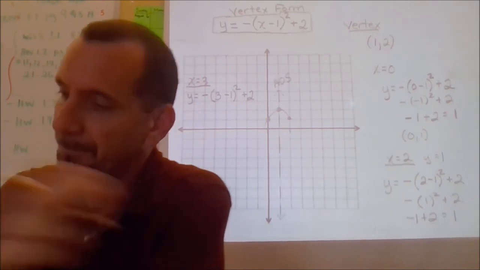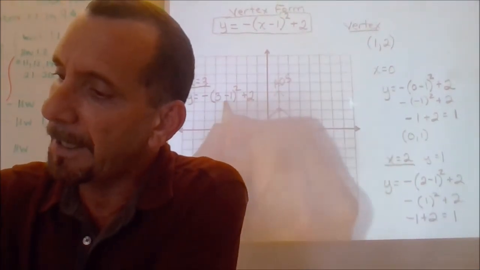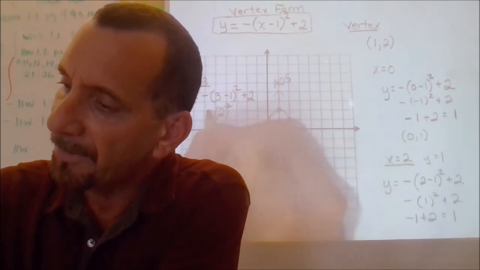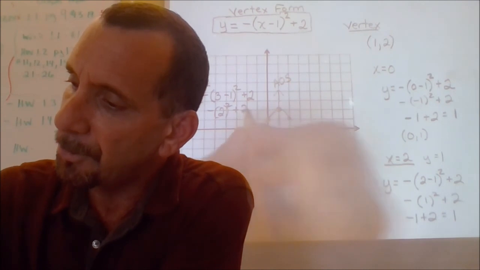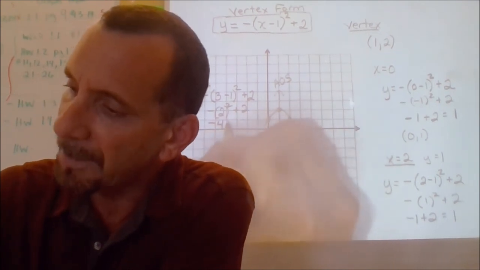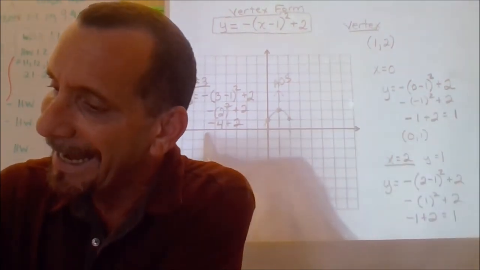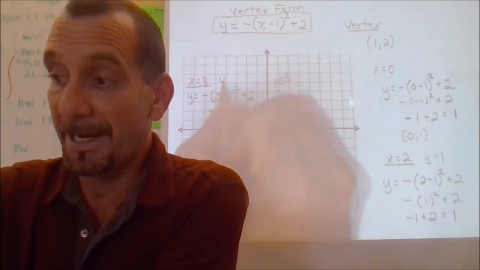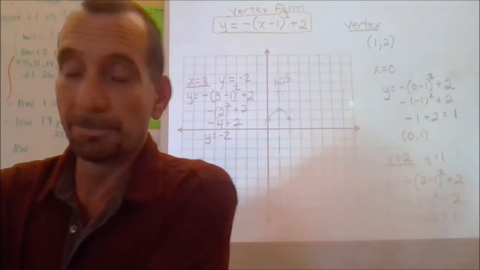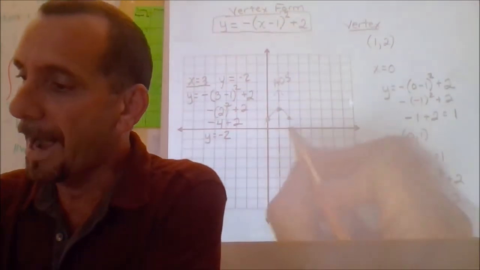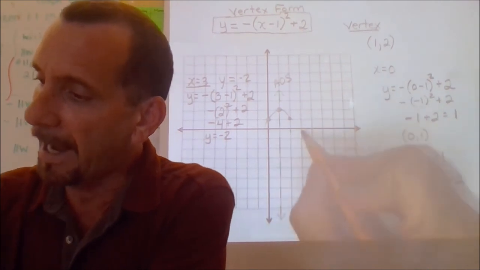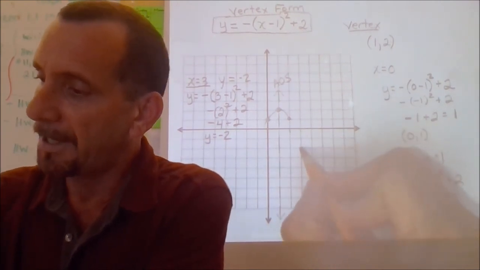Let's see. 3 minus 1 is 2, squared. There's a negative, so it's negative 4, plus 2, which is negative 2. Did you get negative 2? When x is 3, y is negative 2.